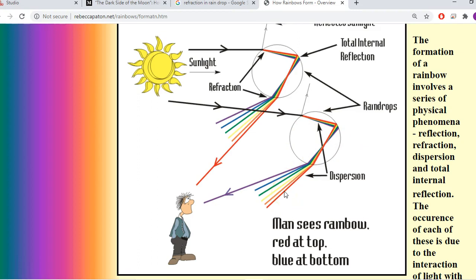You can get a secondary rainbow forming, and I don't know if you've ever seen a secondary rainbow. It's extremely faint. It'll be above the primary rainbow, and there the colors are reversed, so violet will be on top. This doesn't show that, but what will happen is some of the light, when it hits right here, these rays come down from the TIR, and they hit right here, some of that light energy is going to reflect back into the drop.